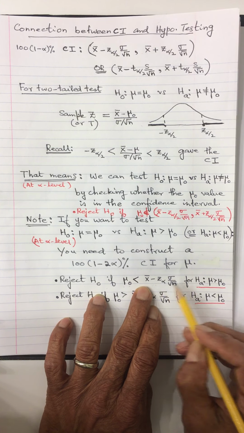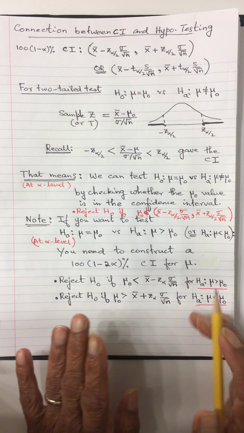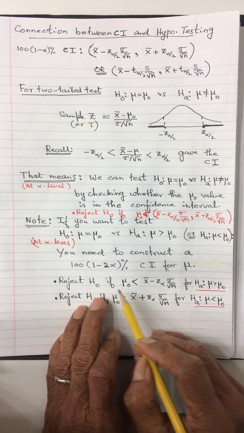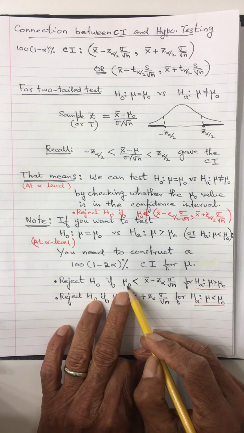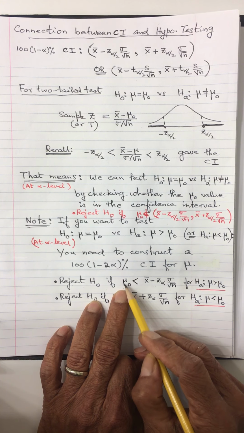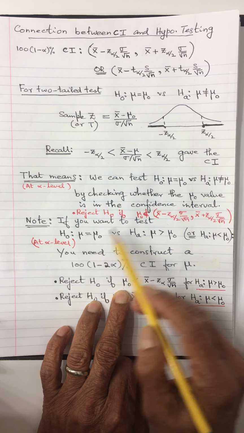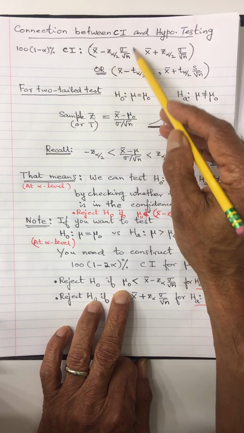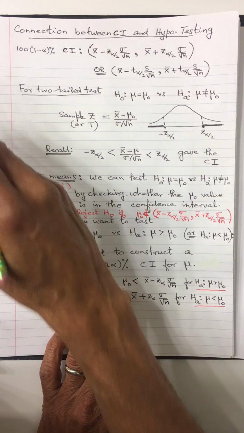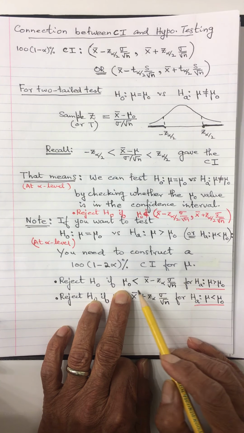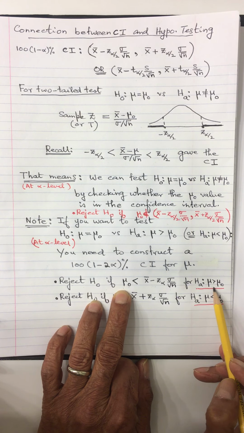So this could be the T or the S, depending on the situation, okay? But in other words, you reject H naught and accept HA if this mu naught value is below this value, lower than that. But that is for the upper tail test.